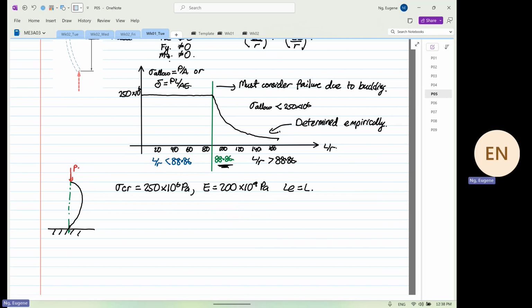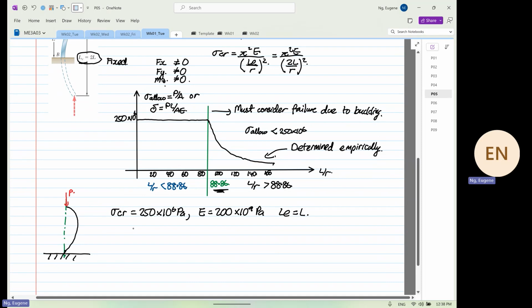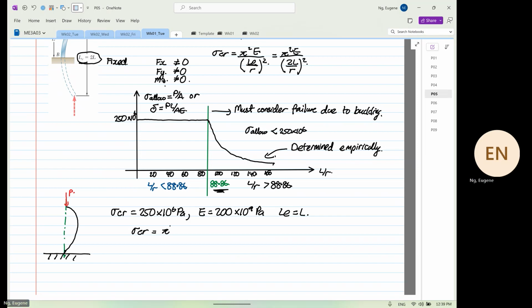So just quickly show the formula that we are going to apply. The critical stress is equal to pi squared E over (L over R) squared. So we calculated that L over R is equal to the square root of pi squared multiplied by 200 times 10 to the power 9, over 250 times 10 to the power 6.